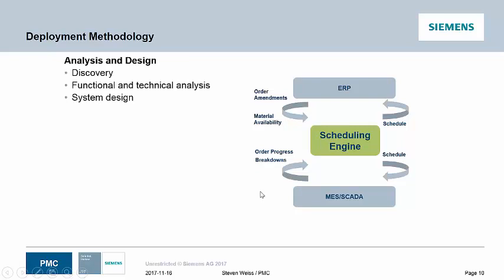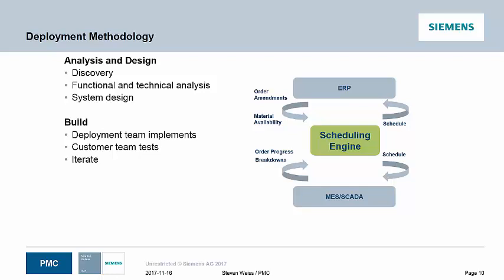So what PMC typically does is begin with a process of analysis and design, which includes discovery, which is very broad fact-finding, and functional and technical analysis that drills into the particular issues that emerge during discovery. From that point, we design an overall system. When that system design is approved by PMC and by the customer team, PMC's deployment team implements, and we can talk more about that later.